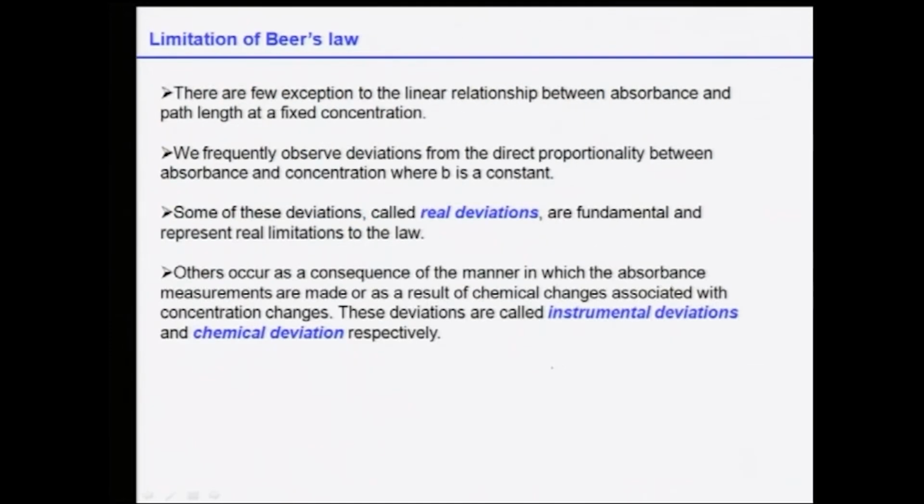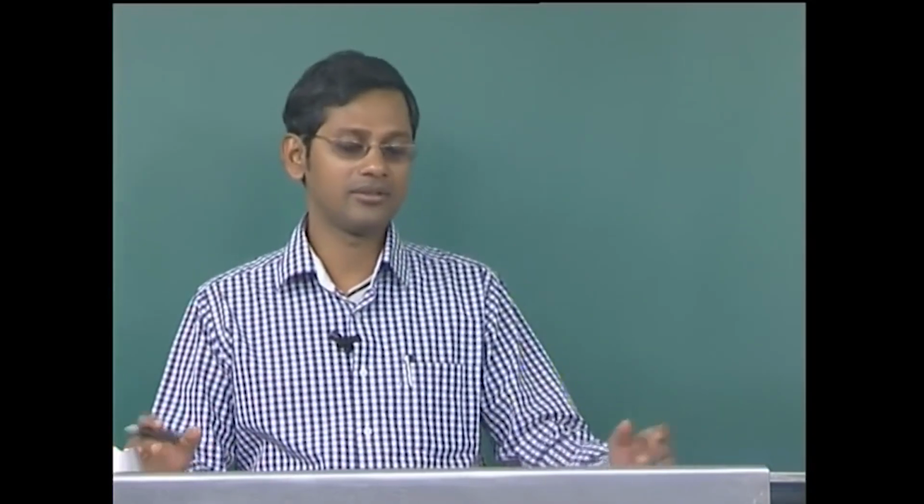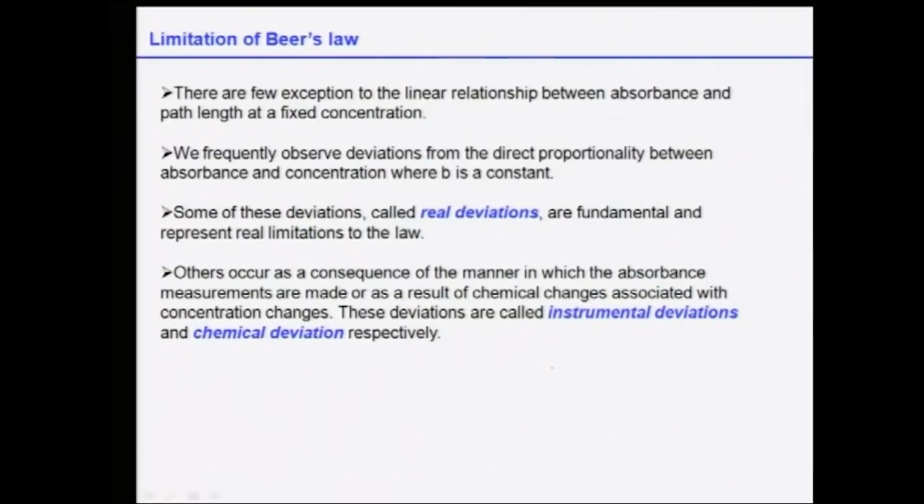So one can study the absorption process by using Beer's law, and there are advantages of using it. This is a very simple and straightforward law, but one also has to know the limitations so that you can take care of them. There are a few exceptions to the linear relationship between absorbance and the path length at a fixed concentration.